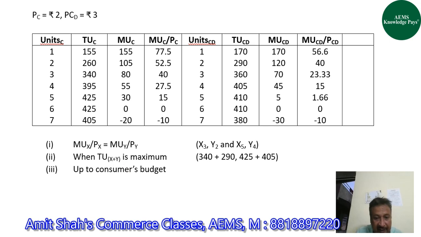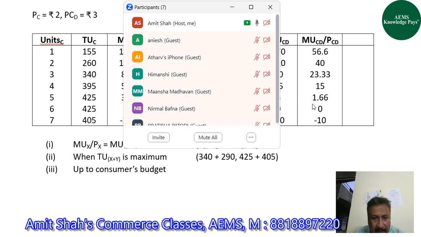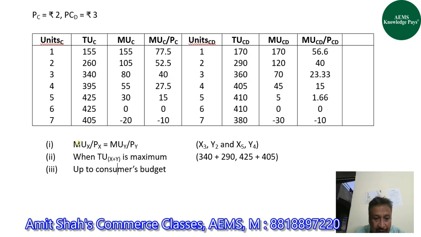The third and last condition is up to the consumer's budget. These two conditions should be met up to the consumer's budget. If we look here very carefully, if he goes for 5 units of x and 4 units of y, how much should he have in his pocket? 5 into 2, 10, and 4 into 3, 12. That is 10 plus 12, rupees 22 he must have.